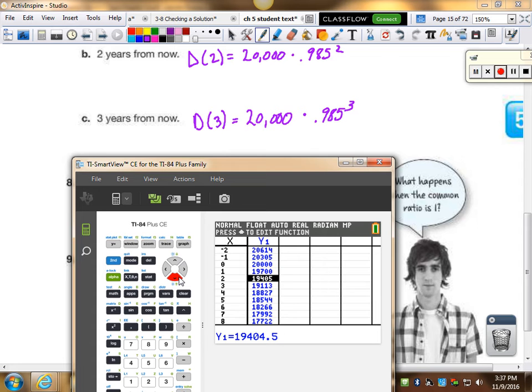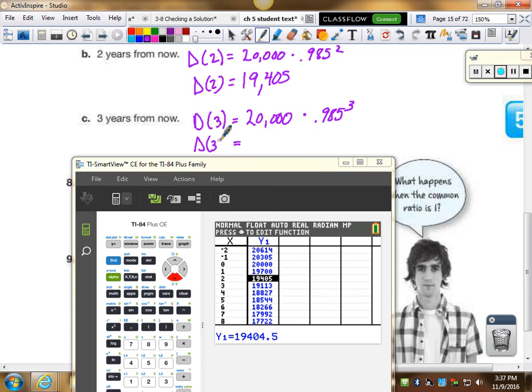Now it says 19,404.5 at the bottom, but the d of 2, yep, 19,405, but remember that's a rounded value. And d of 3 is 19,113, but again, if you look at the bottom here, you can see that's a rounded value. And that's okay this time, because we're talking about people, and we can't have partial people.